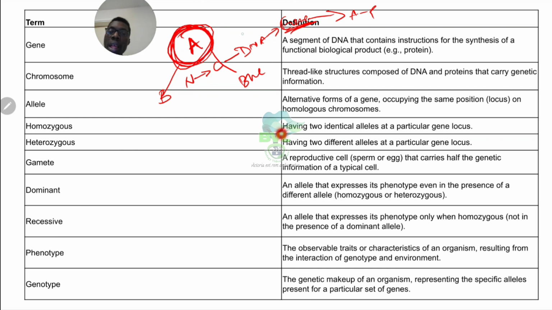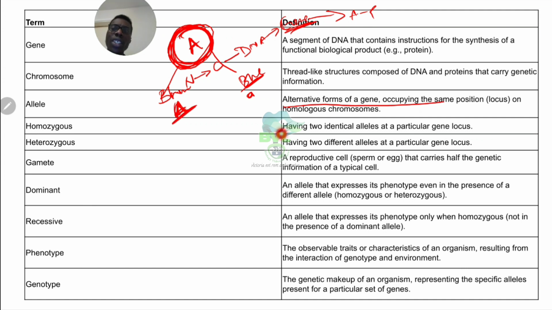Normally, an allele is a different version of a gene, so an alternative form of a gene. So if I say for the brown eye, I pick uppercase A, then for the blue eyes I choose lowercase a.